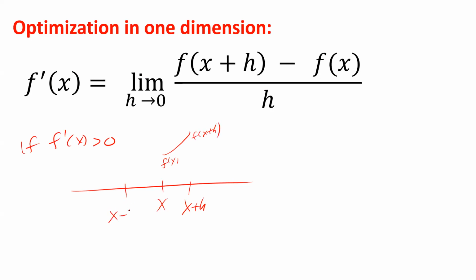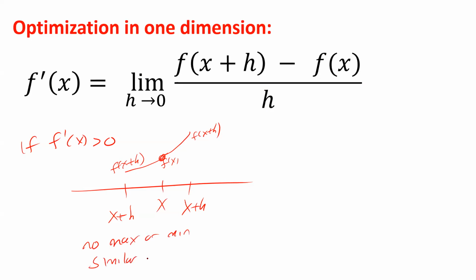Similarly, if x plus h was a little bit smaller, then h is negative, so the numerator has to be negative, so f of x plus h would have to be lower. This shows us that we cannot have a maximum at x if f prime of x is greater than 0. So no max or min.